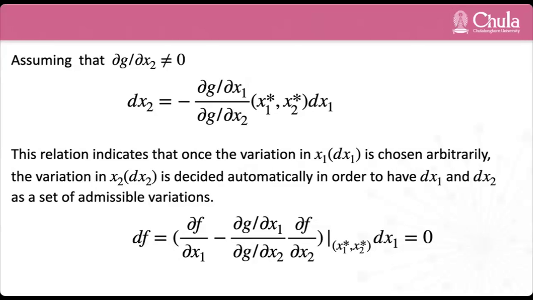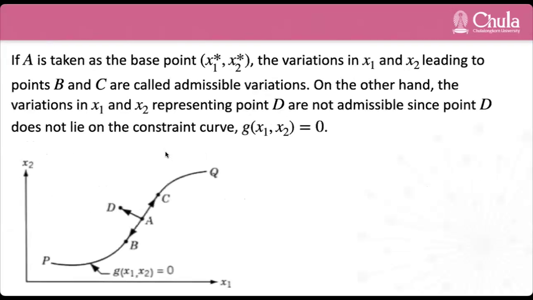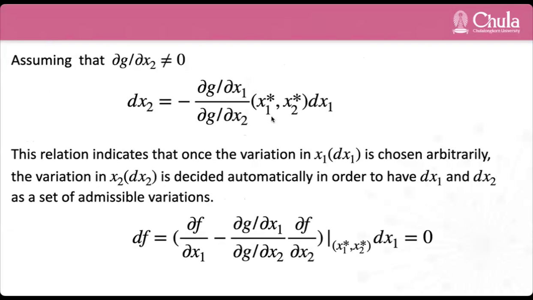So we put this equation back into this expression, because we know how df changes with dx1 and dx2, right? Now we know the change of dx2 is a function of dx1, so we substitute dx2 here with this expression, and then you get this.